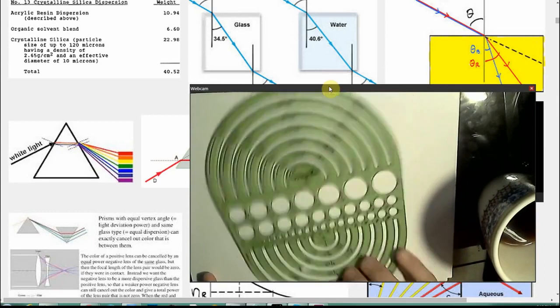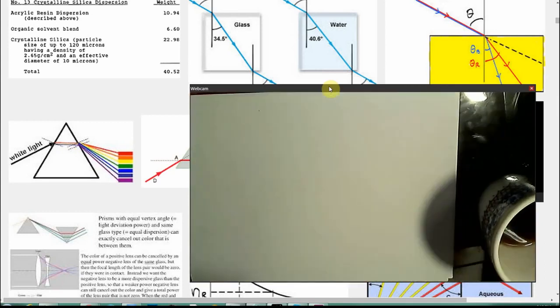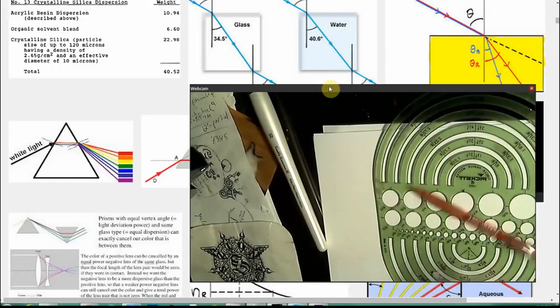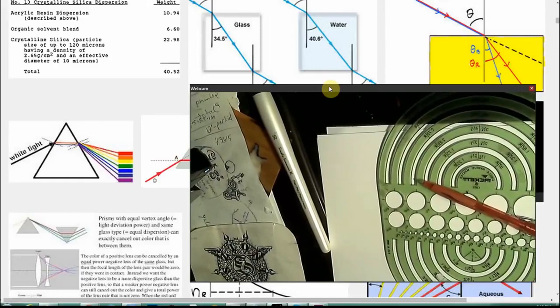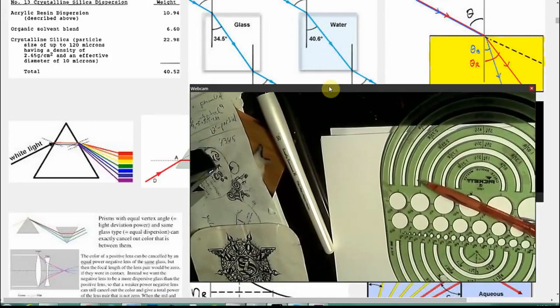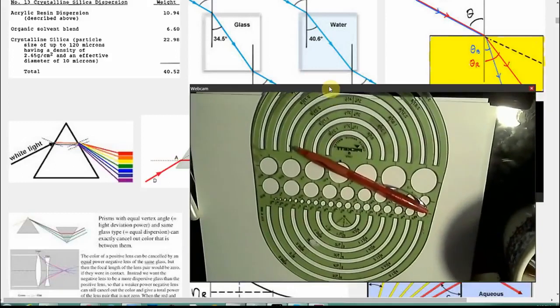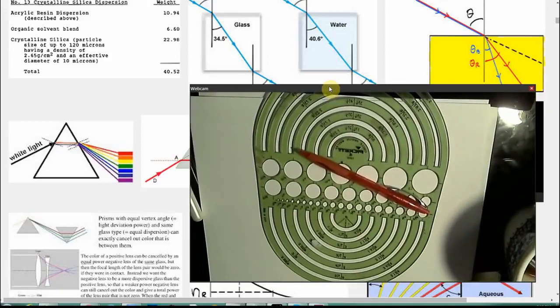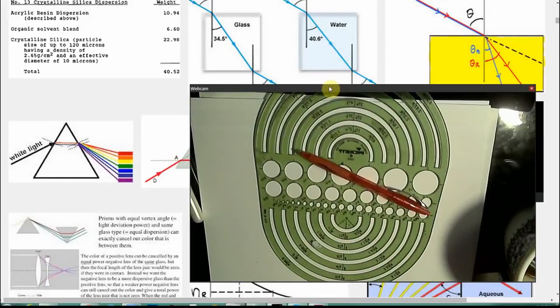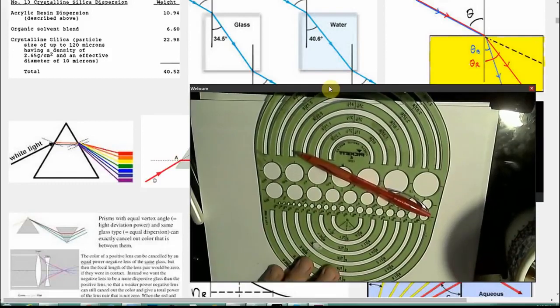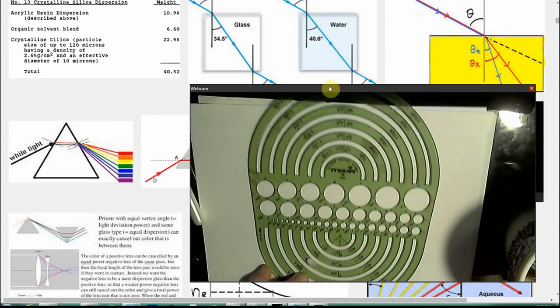Sorry about the angle. That's the best I can do with this setting. Okay, let me get some more tape. There we go. Put the microphone over here. Okay, my trusty pencil.